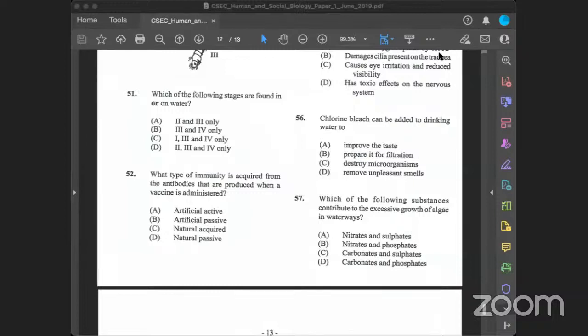Please read again. What type of immunity is acquired from antibodies that are produced when the vaccine is administered? So a vaccine is administered. The antibody is produced. So that's your hint. The body is still producing the antibody. Selena, you got it wrong. I'm disappointed.